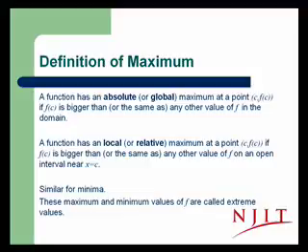A function has a local or relative maximum at a point c, f of c if f of c is bigger than or the same as any other value of f on an open interval near x equals c. So in the case of a local maximum, what we're saying is this is the highest point that we have nearby. There might be a higher point further away.